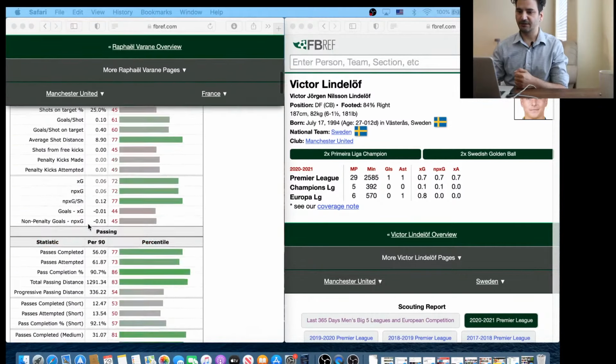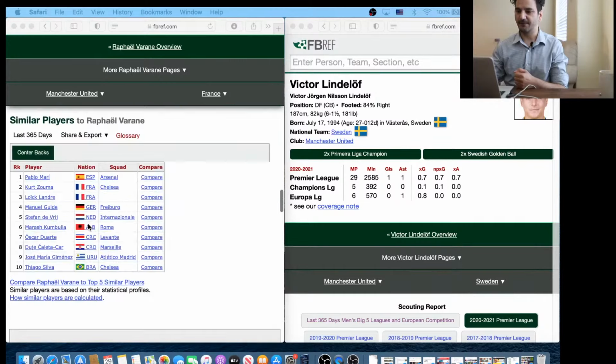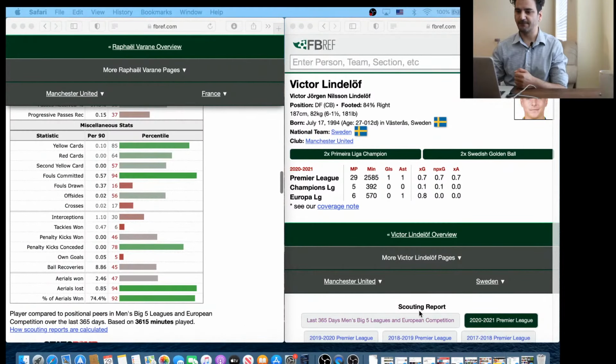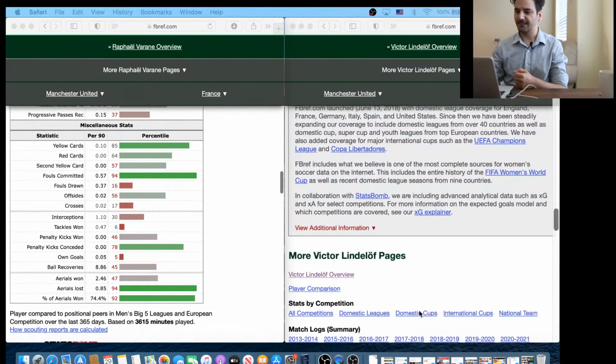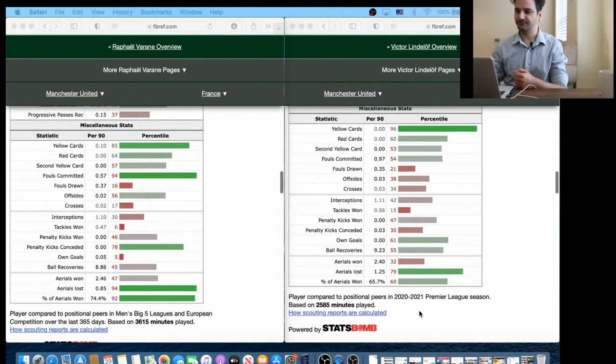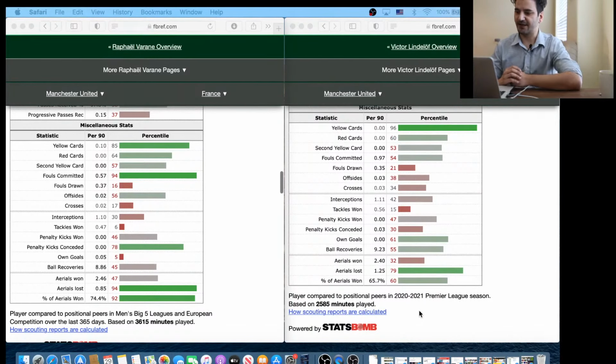And if we want to go quickly to the bottom here, then we're going to compare aerial percentage won. You've got Varane, who's got 74.4% of aerials won, versus Lindelöf, which is 65.